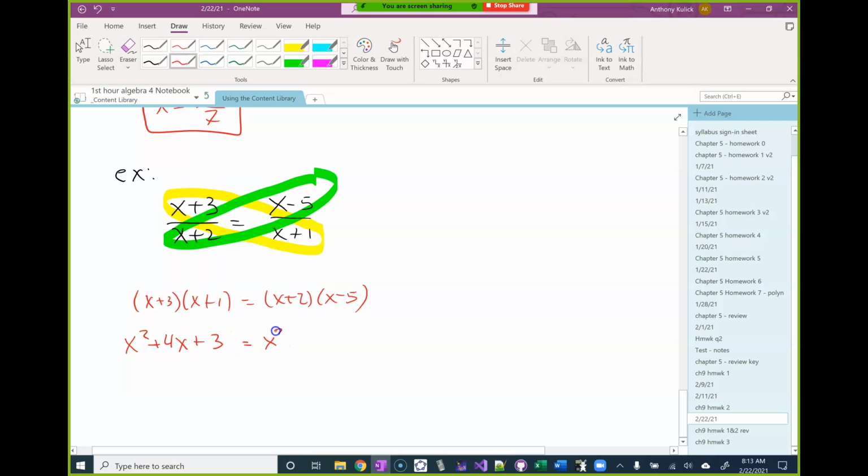I hope nobody objects to that. So far, so good. Now I notice that I have two quadratics equal to each other, but thankfully in this situation, when I subtract x squared from both sides, it just cancels the x squareds out. Really, we don't have a quadratic equation here. We have a linear equation.